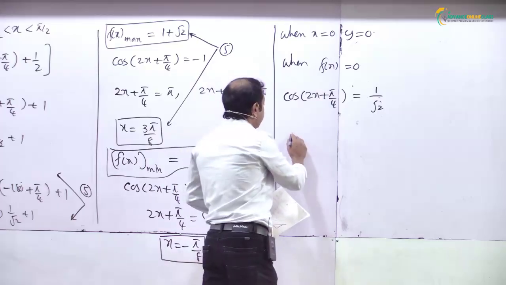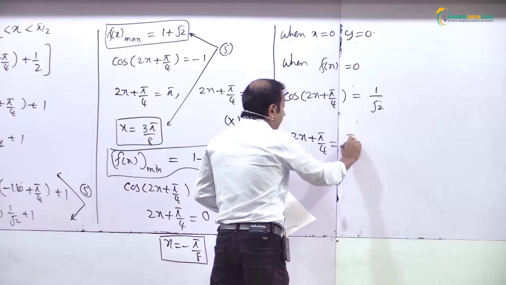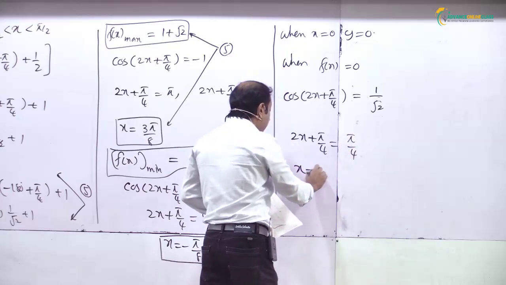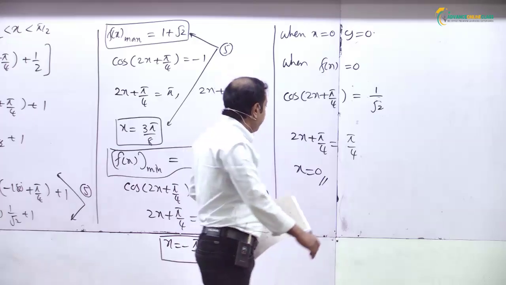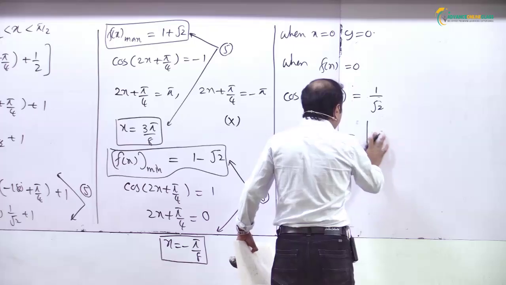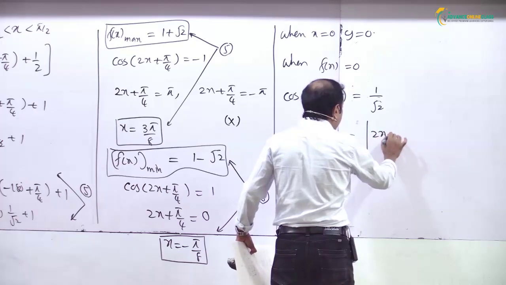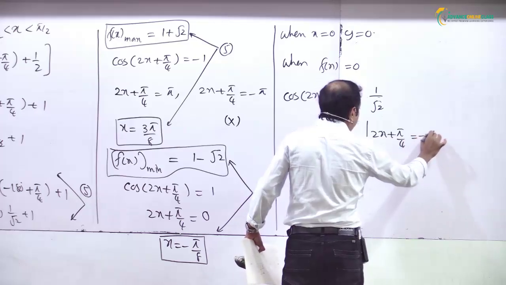Okay. 2x + π/4 equals π/4. This gives x equals 0, that we know already. What is the other possibility to get 1 over root 2? 2x + π/4 should be equal to minus π/4.